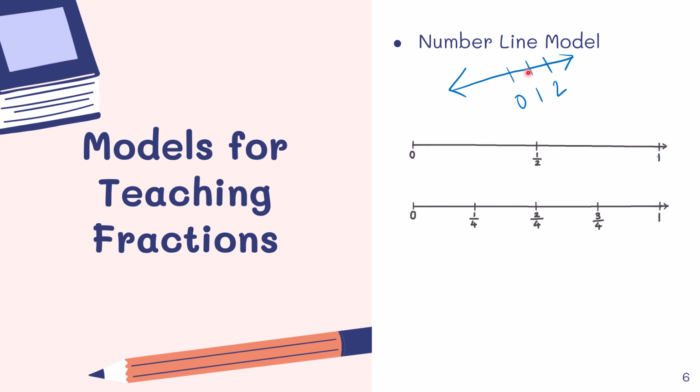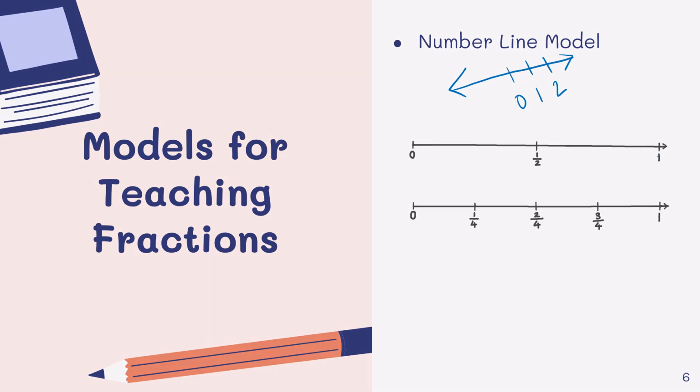So in between 0 and 1, we would have the number 1/2, or the number 1/4, or the number 1/3. And as we move past 1, we might have 1 1/2, or 1 1/3, 1 2/3. So using the number line model, we can emphasize that each little space in between these numbers also represents one of our rational numbers.